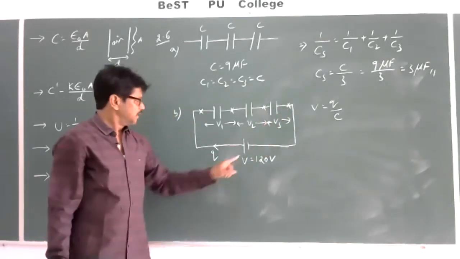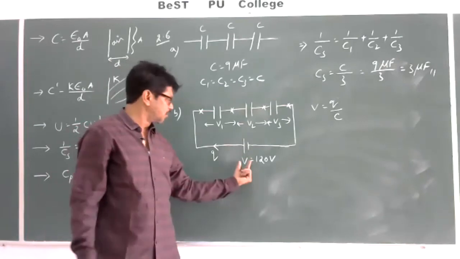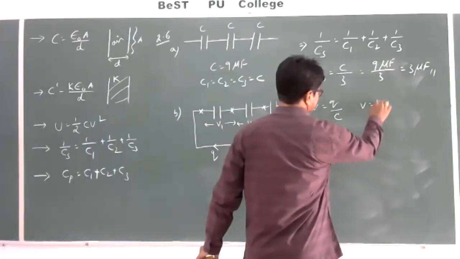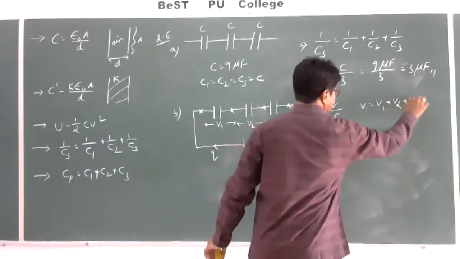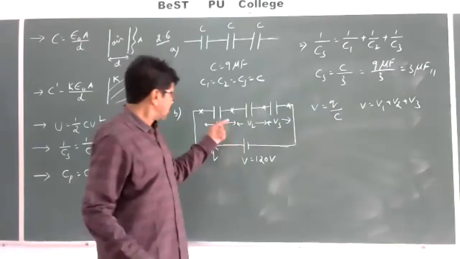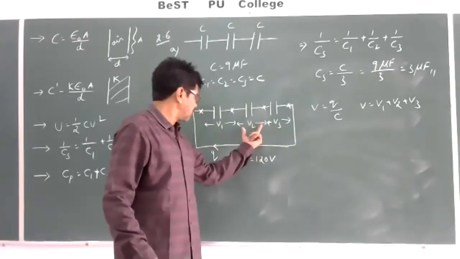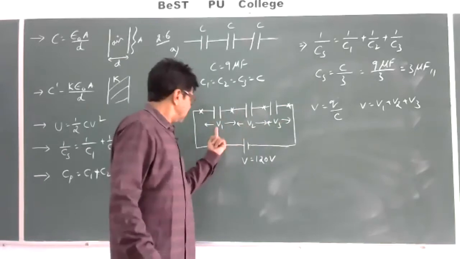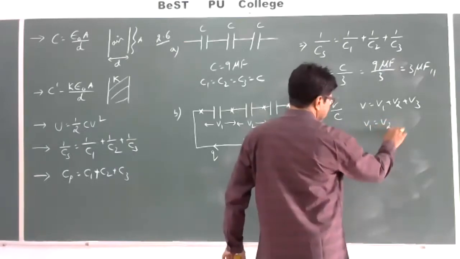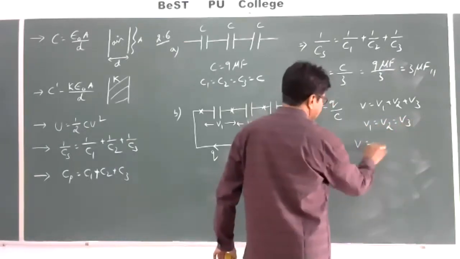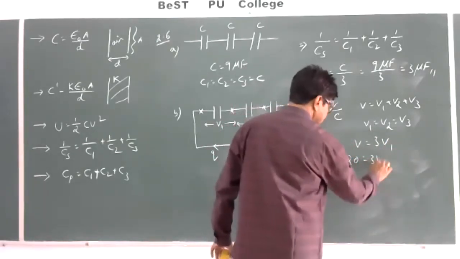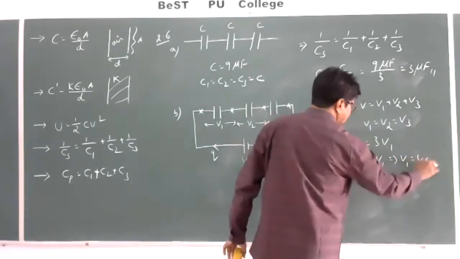In a series combination, the potential divides: V is equal to V1 plus V2 plus V3. We come to know that the potential difference is the same across each capacitor, V1 is equal to V2 is equal to V3. Therefore, V is equal to 3V1, where V is 120. Therefore, V1 is equal to 40 volts.